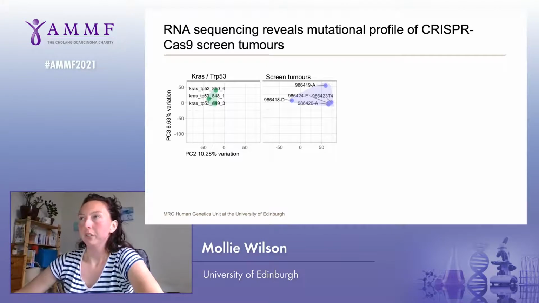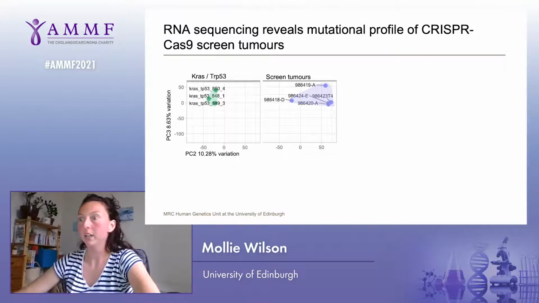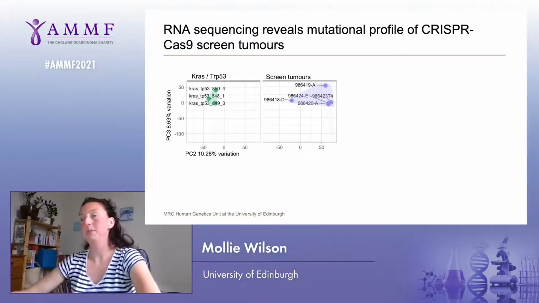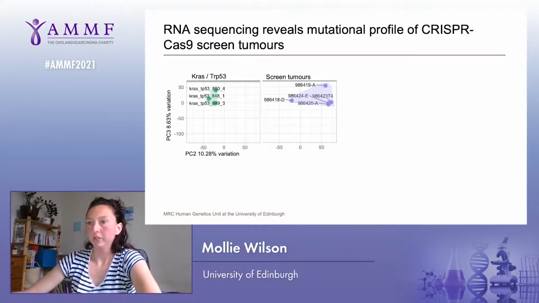But we figured that because all of our screen tumours contained already Kras and loss of function in TP53, that would be a better control to use. And so we're interested in what mutations occurred on top of this phenotype.